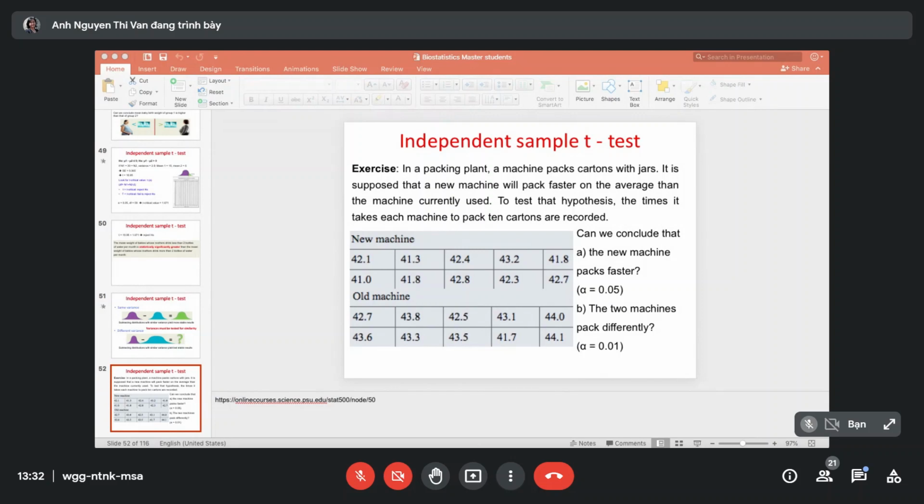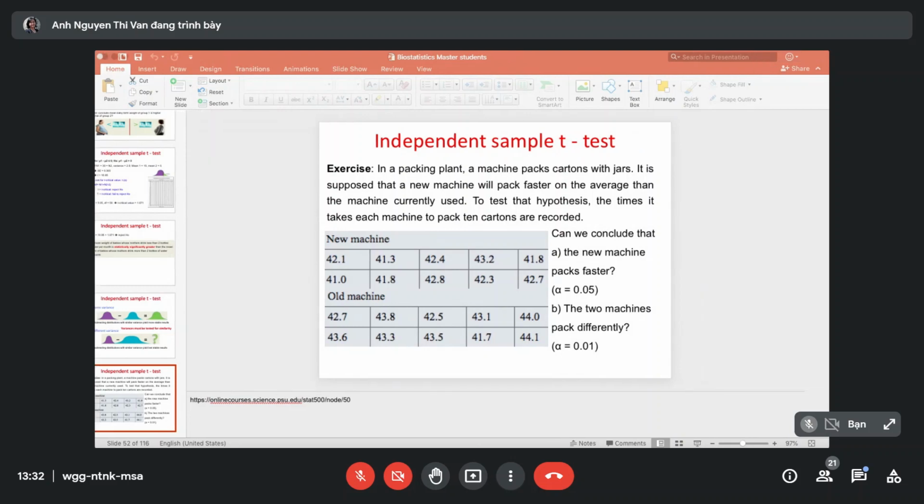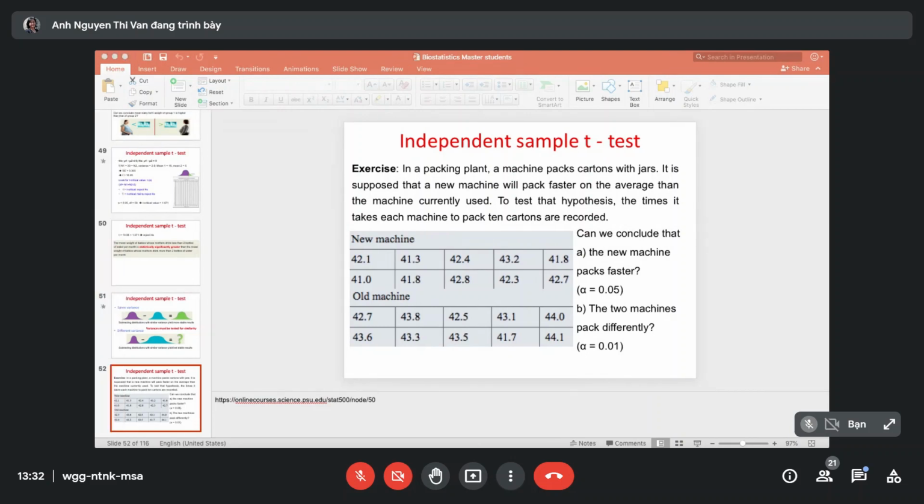Then I found the variances, and I calculate the t star, and my result is minus 3.39, approximately minus 3.4.